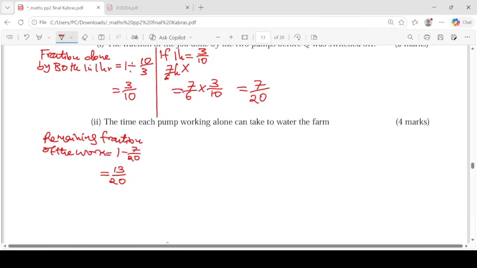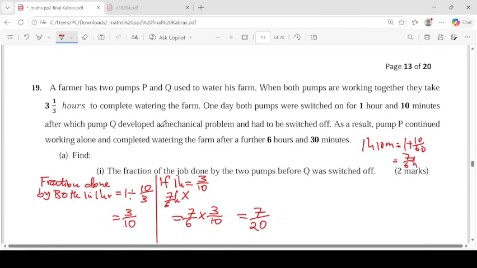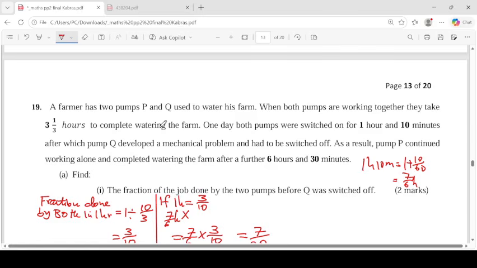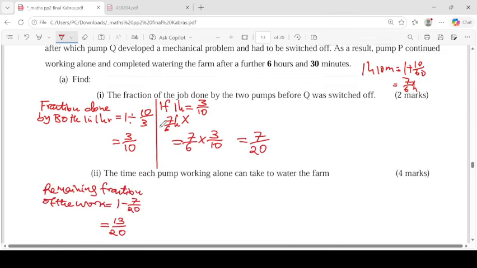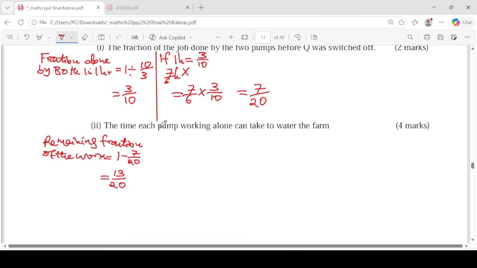So this remaining work, 13/20, remember, Q developed a problem and P continued. We are being told that pump P continued working alone and completed watering the farm after a further 6.5 hours. So P took 6.5 hours to complete this work.